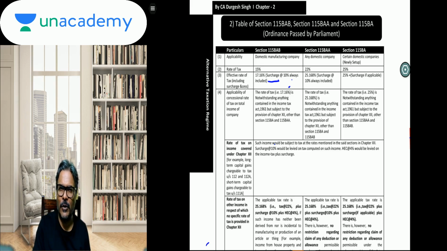The mandate of the government seems to be very clear: by giving this an option, presently it's an option, the government wants to do away with the extra incentives available under the Income Tax Act, which the assessee claims while computing the total income, thereby reducing the total income and eventually the tax liability.